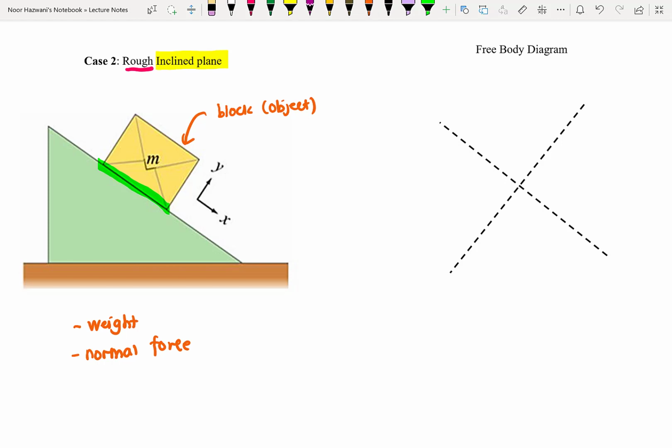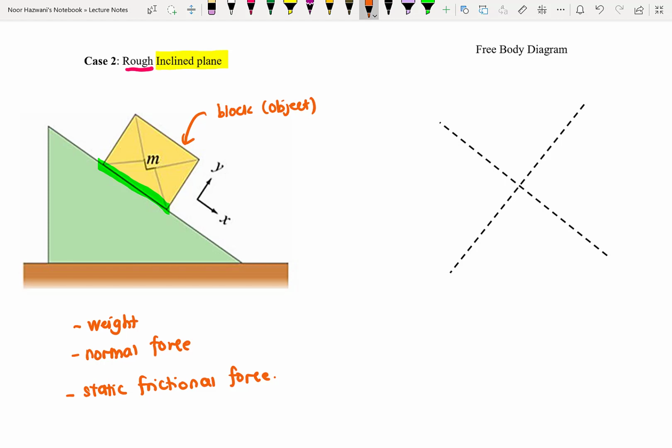Okay, and since it mentioned that the surface is rough, like I said before, it has frictional force, but since the block is at rest, therefore we have static frictional force. Okay, we done identified all the forces acting on the block, and then proceed to the next step.